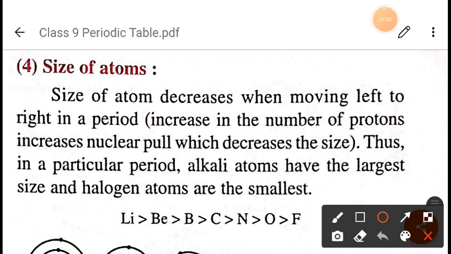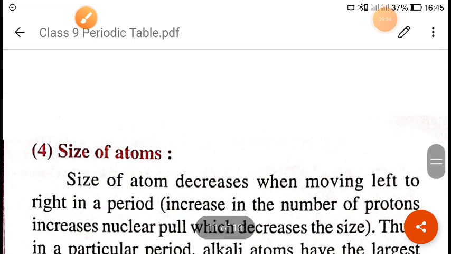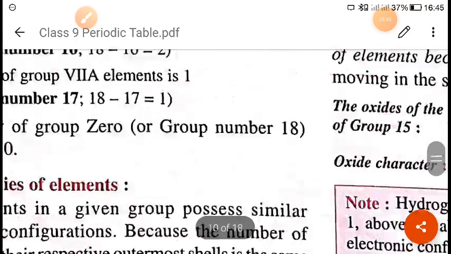As we have seen, when we are moving from left to right in a period, I will give you an example from here so you can understand.